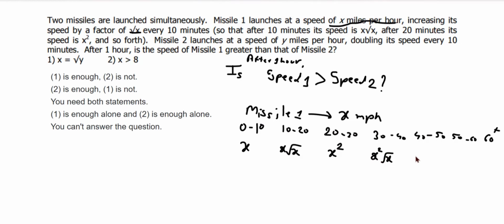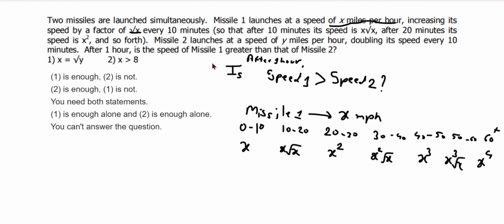Between 40 to 50, it will be x cube root x. Exactly. Then between 50 to 60, it will be x cube root x. And after 1 hour, that is 60 plus, the speed is going to be x raised to 4. Right, guys? Yes.